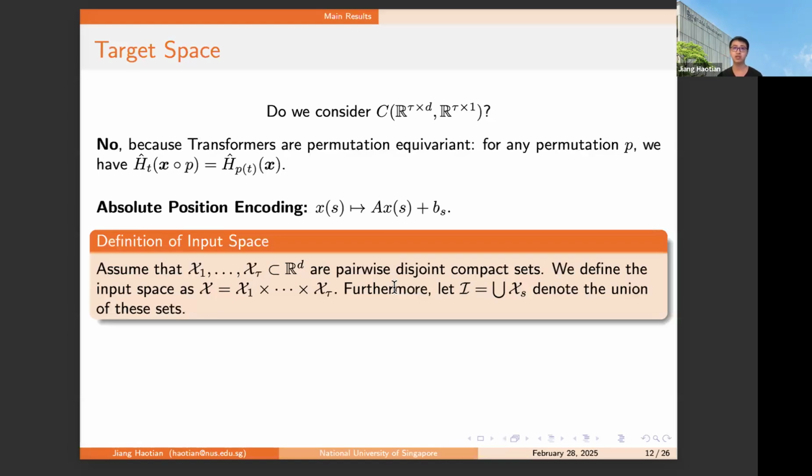This means that all the tokens at different time steps are not overlapping, and this input space is not geometrically symmetric. So we do not have the permutation equivariance problem on this input space. We can define the target space as all the continuous functions from this input space X to all the scalar sequences. Indeed, the hypothesis space is dense in it.